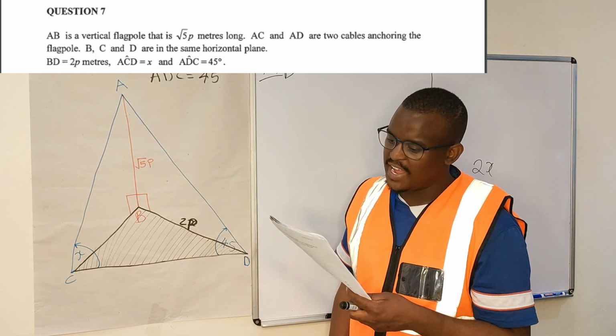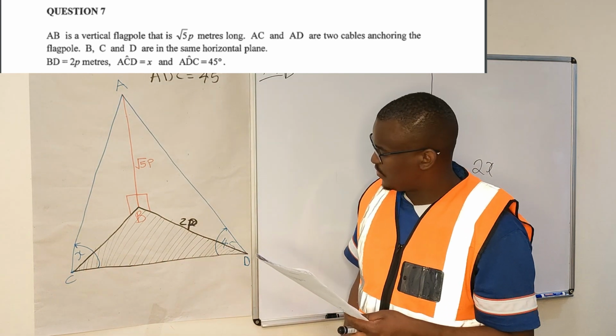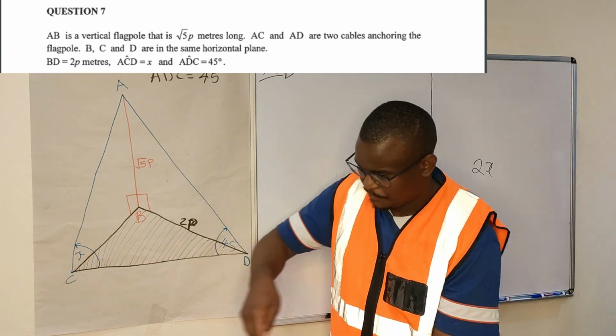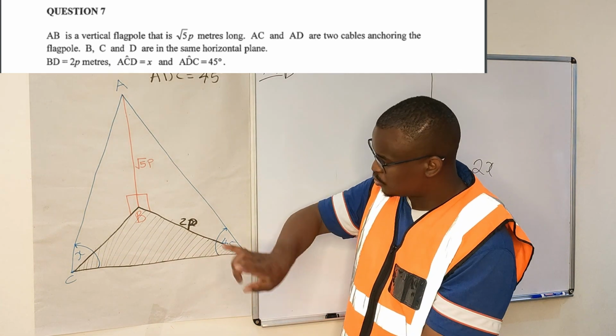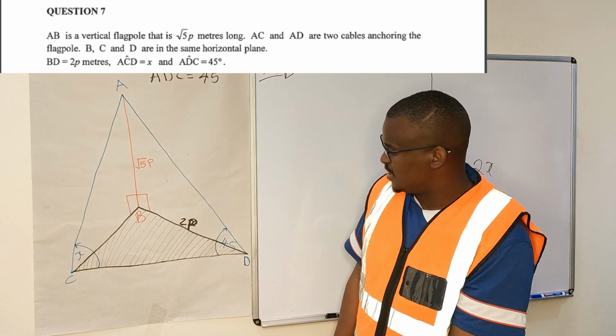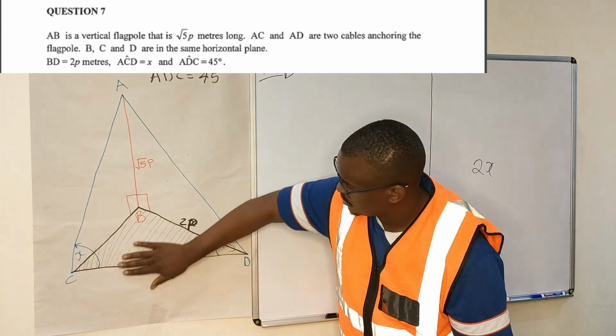And the angle D, ADC, is 45 degrees. So this angle runs from the horizontal between C and D to the anchoring cable AD. So this is the base, this one.